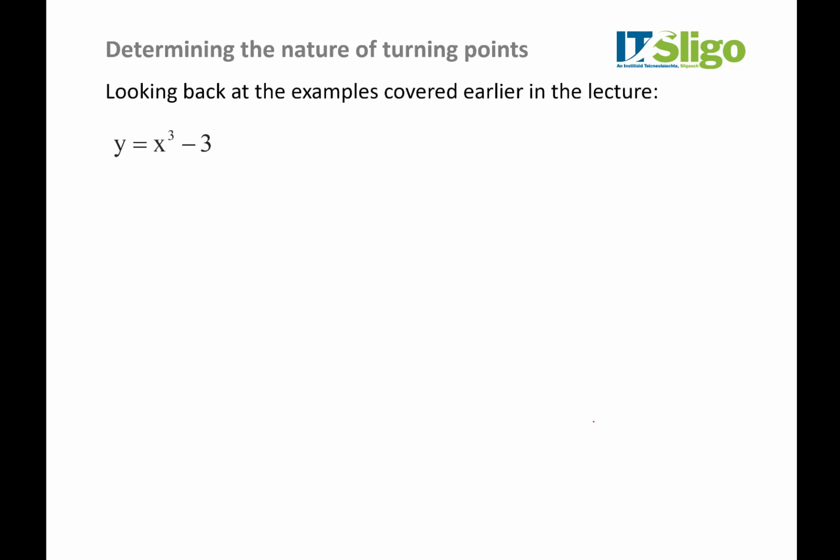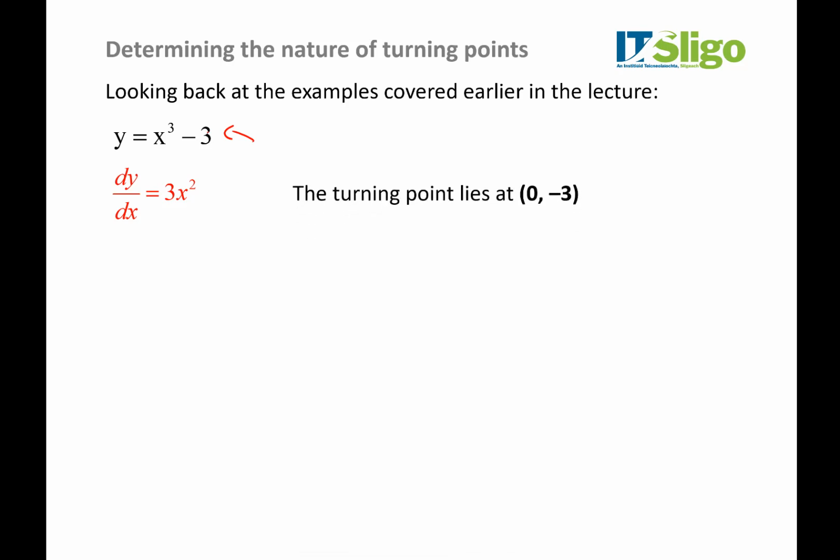We had the cubic function, the simple cubic. There's my first derivative. From there I solved for x, which gave me x is 0. I fed that 0 back into the original equation and got y was minus 3. Here's my second derivative.